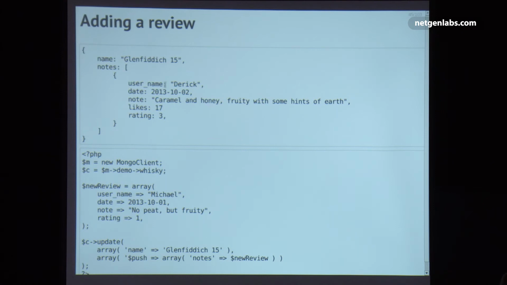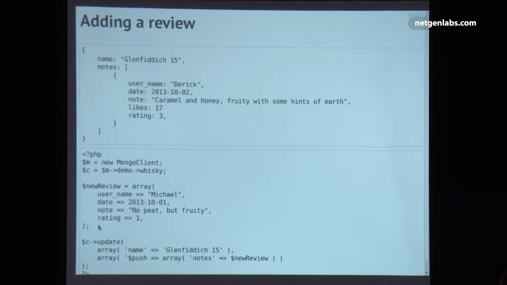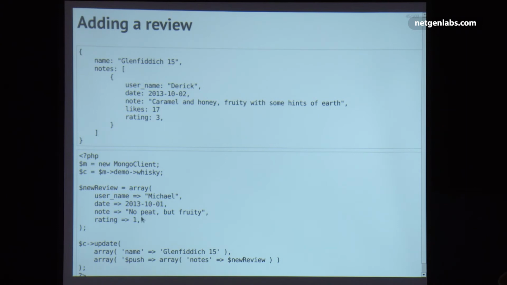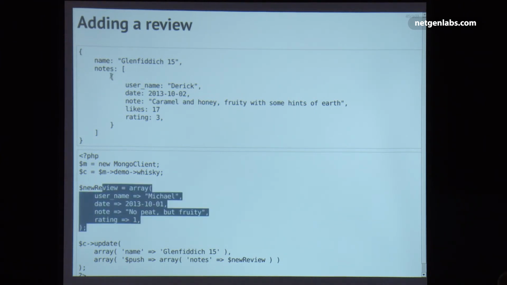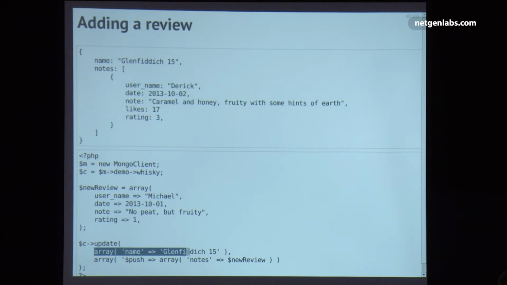So you create this new nested document, right? Instead of Derick and a date, I'm using Michael and a date, and he thinks that there's no beat, but it's a bit fruity. And he rates it as 1. He doesn't like it. To add a nested document into this array, you can do it with a query quite easily. First, of course, we need to do a selection to find the correct whiskey. And then secondly, we use the push operator.